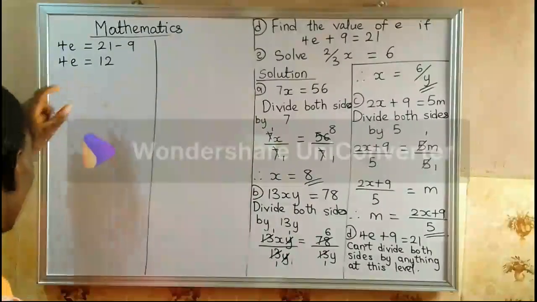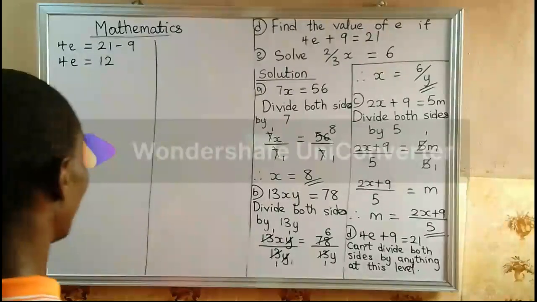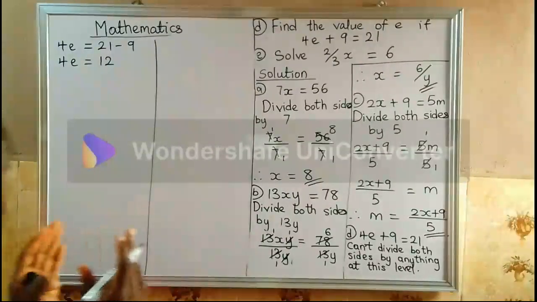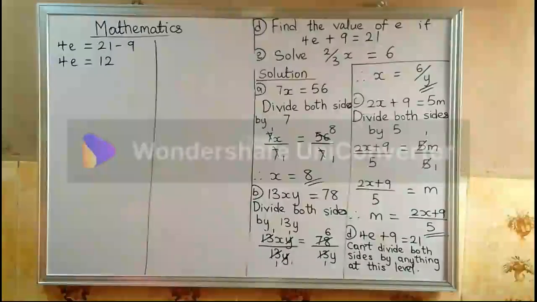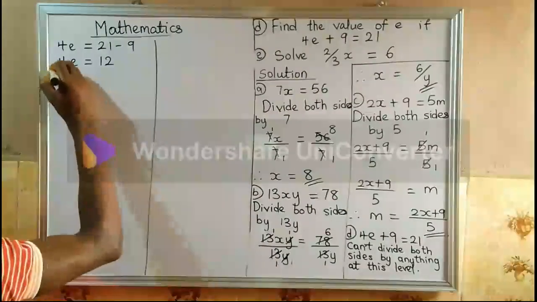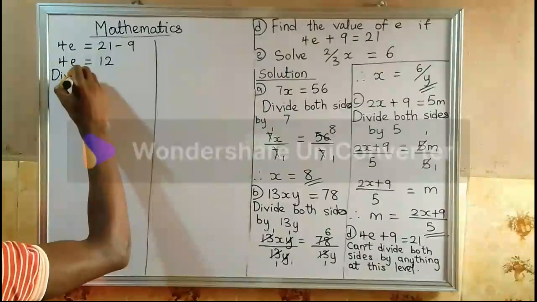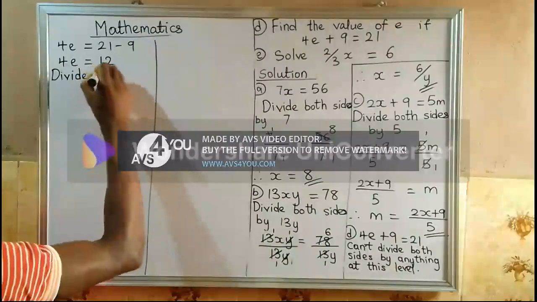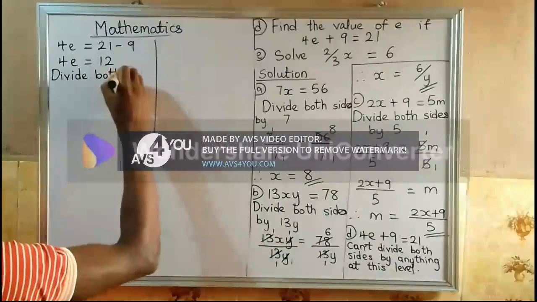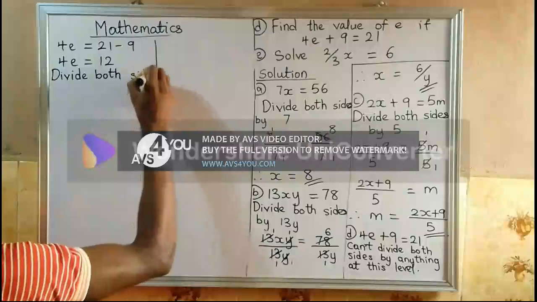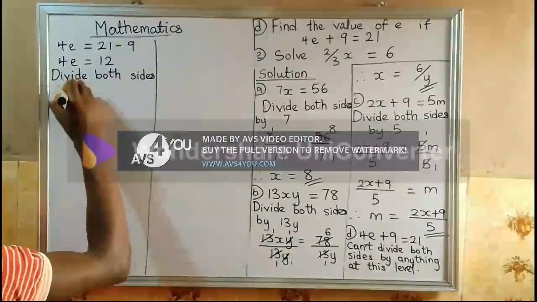So 4e is now on one side of the equation alone, and every other term is on the other side of the equation, and therefore we could divide both sides. So by what?